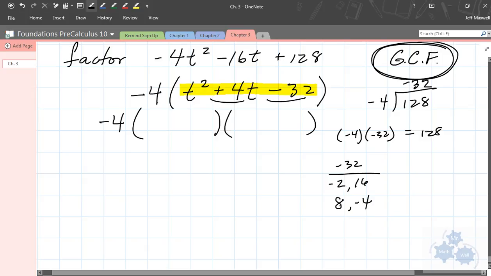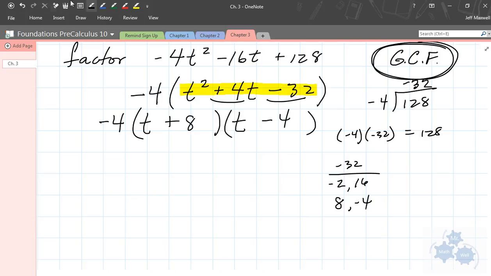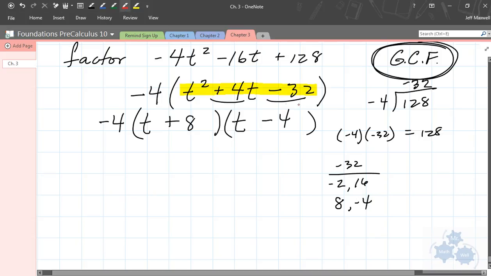That multiplies to negative 32, and what does that add to? 8 plus negative 4 is positive 4. So, there we go. We factored our trinomial, found the two numbers, plus 8 and minus 4. And this is your final factored expression.